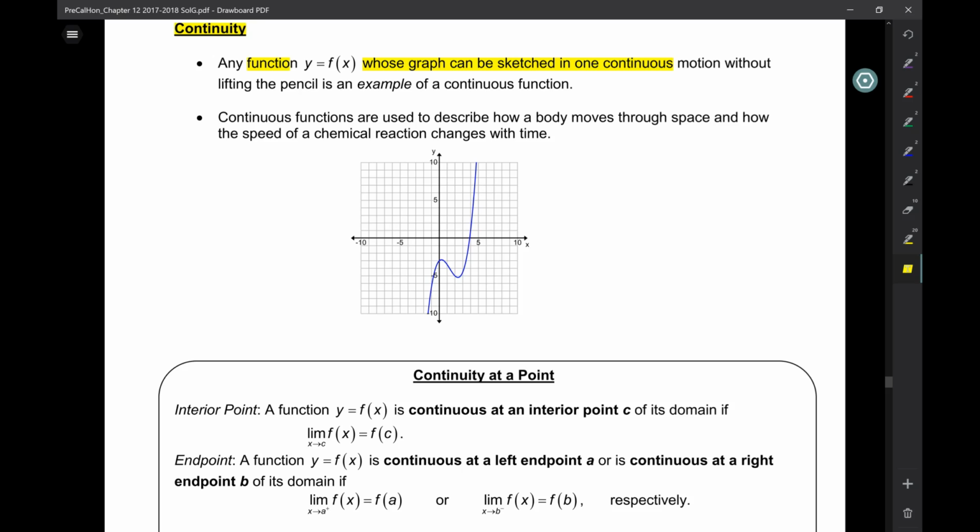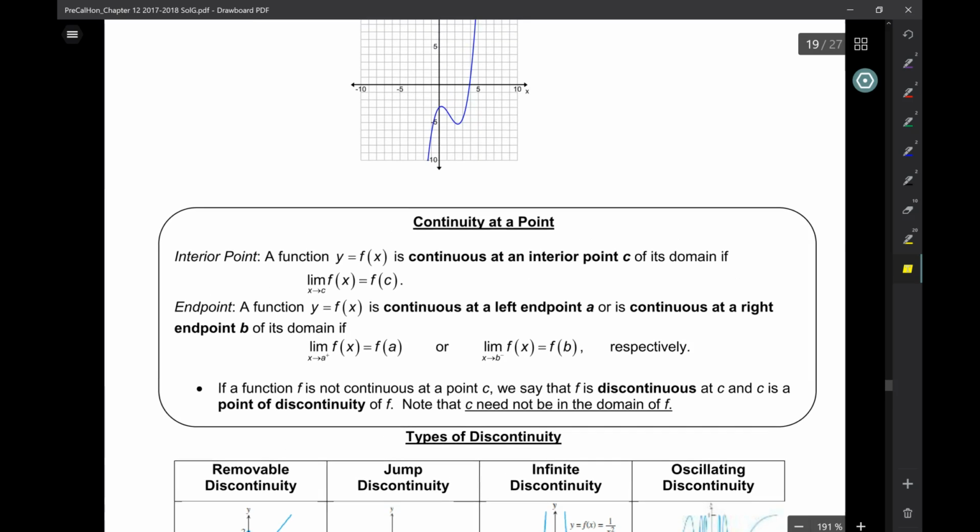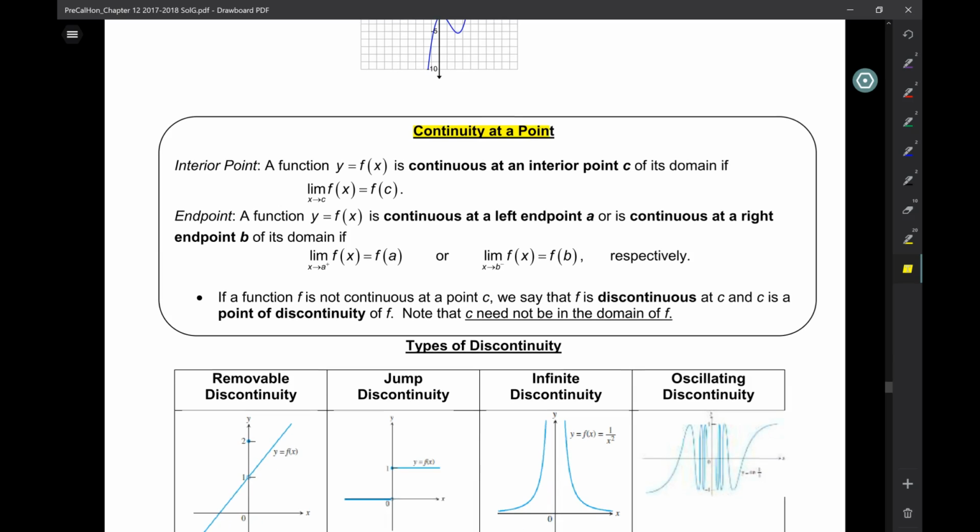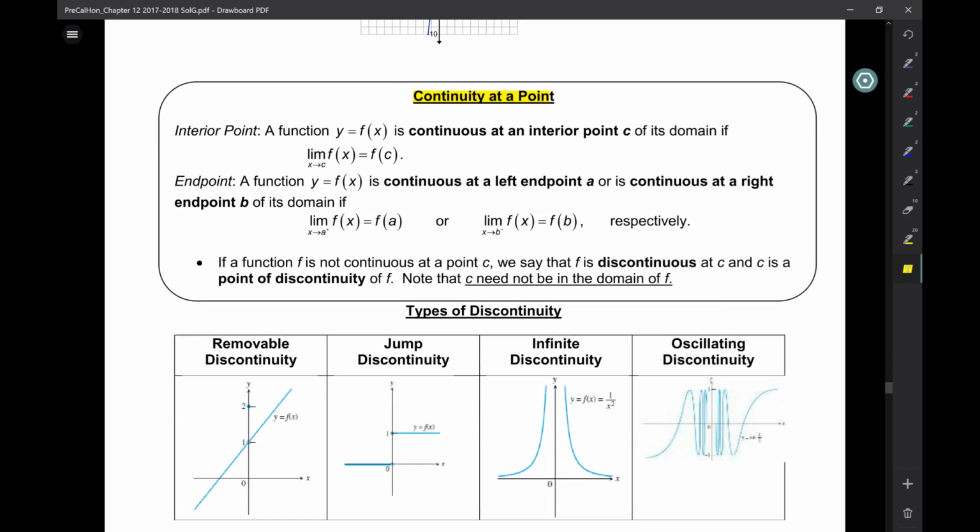Sometimes we don't care if the function is continuous throughout its lifetime. Sometimes all we care about is whether the function is continuous at a certain point. And how do we tell if a function is continuous at a certain point? It's a very simple test.